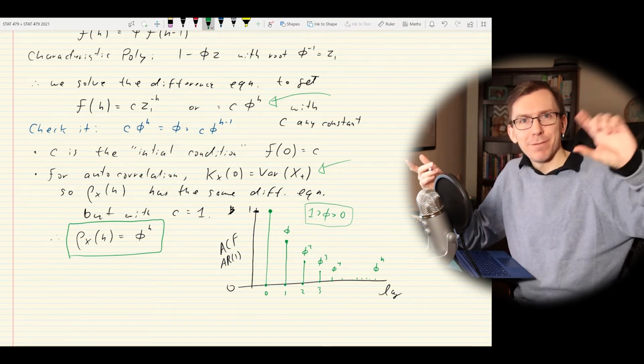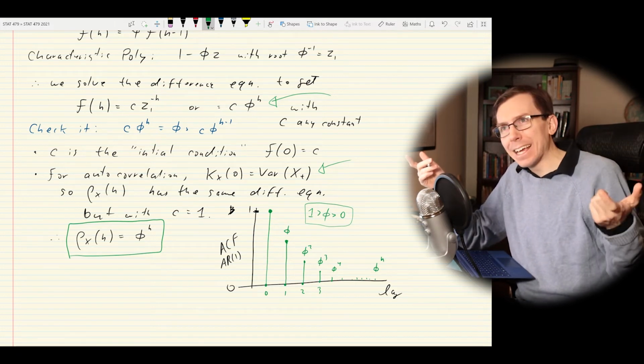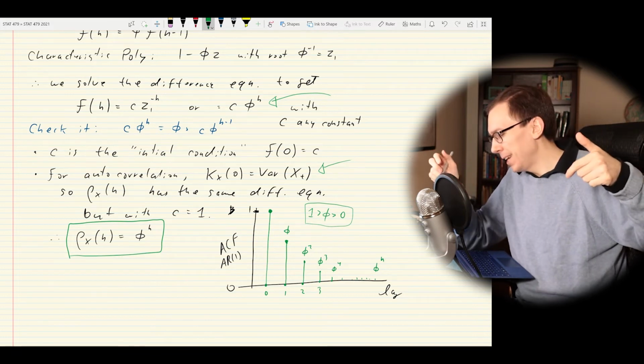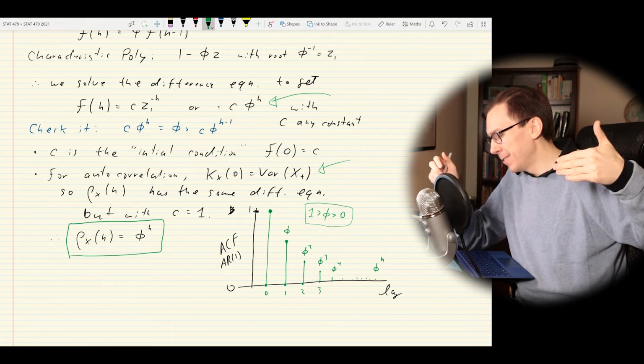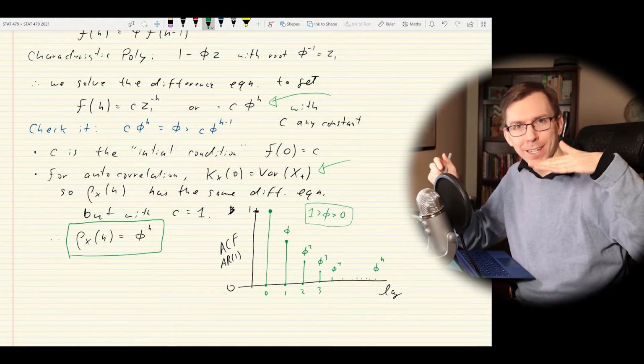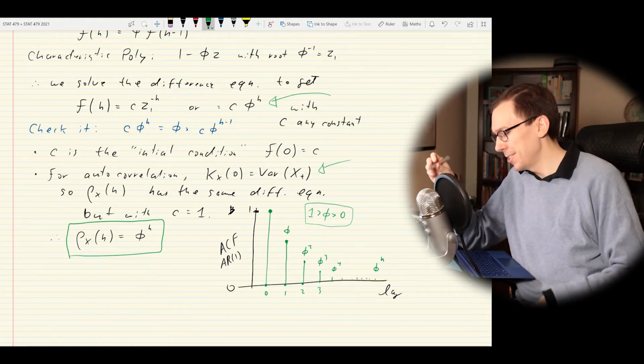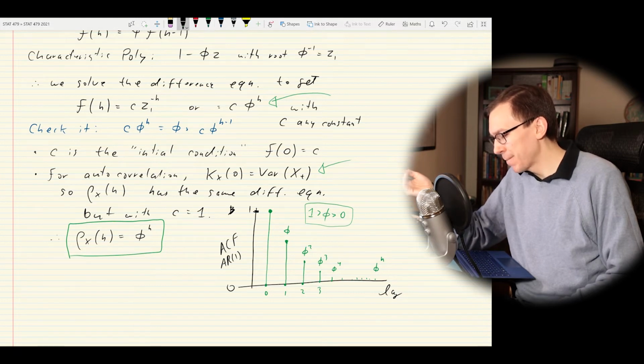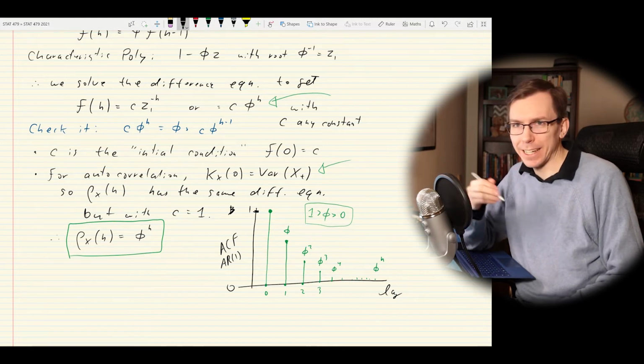Otherwise, you can have it flipping, right? If phi is negative, but still in magnitude less than 1, then you would see it flipping below the horizontal axis and then back again. So there'd be an alternating look to this. But in this case, we have this geometric decay in the autocorrelation function as H gets bigger.